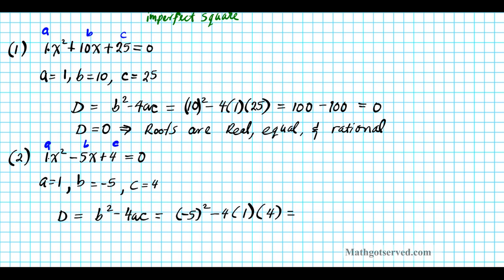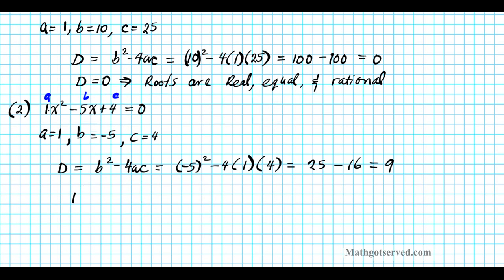Using the order of operations, negative 5 squared, this square impacts both the 5 and the negative, so we have 25 minus 4 times 4 is 16. 25 minus 16 is 9. So what does this tell us? It tells us that the discriminant is positive.